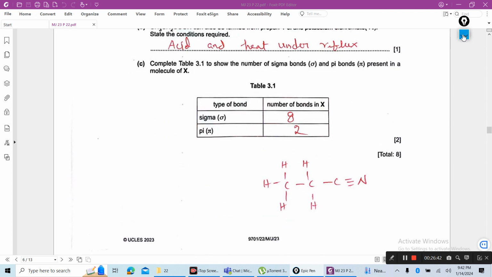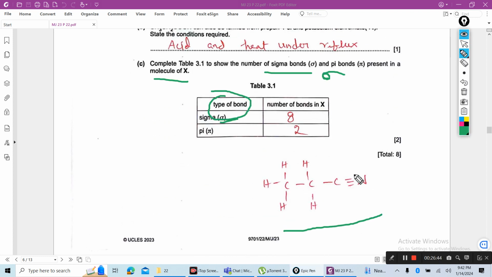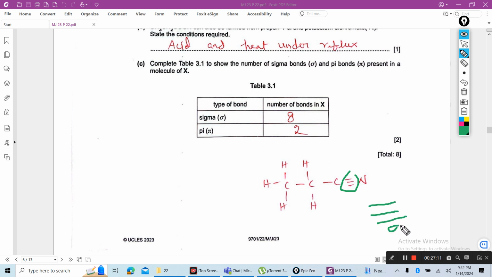This is the displayed formula of propane nitrile, with a carbon nitrogen triple bond. Now this carbon has 4 bonds, nitrogen has 3 valency. So the question is asking how many sigma bonds? Single bonds are all sigma. In a triple bond, one is sigma, the other 2 are pi bonds.